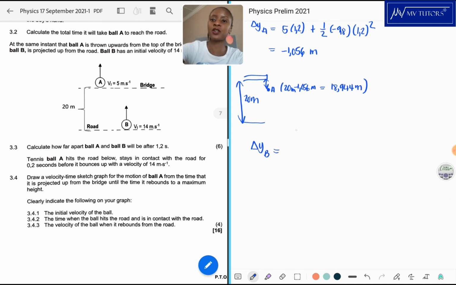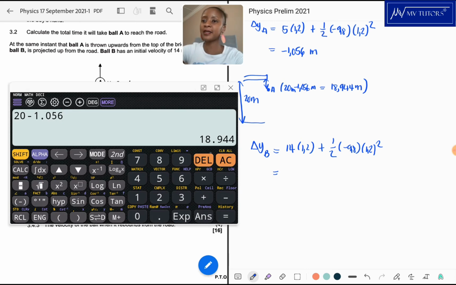Okay, so its initial velocity was 14, and we have 1,2, then we have 1.5, and again it's thrown upwards, so negative 9,8, and then 1,2 squared. Okay, so let's see how high up this ball is.